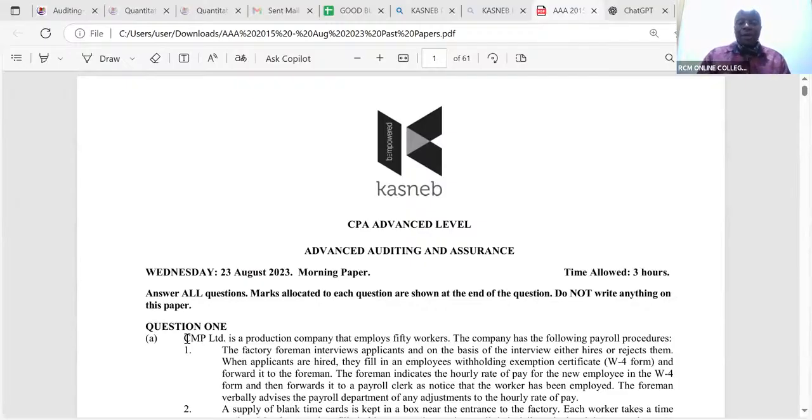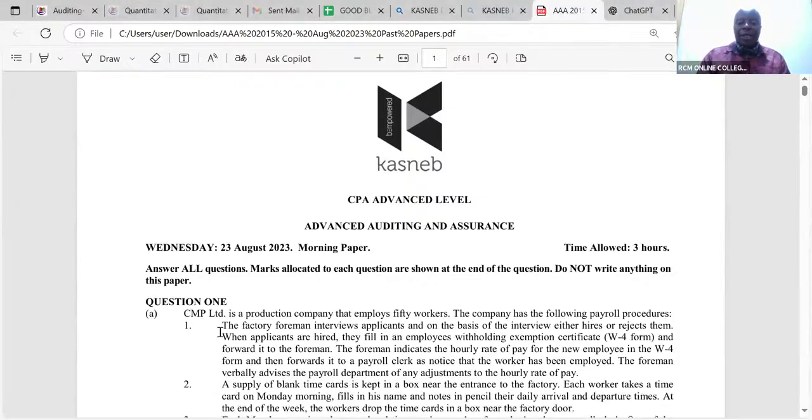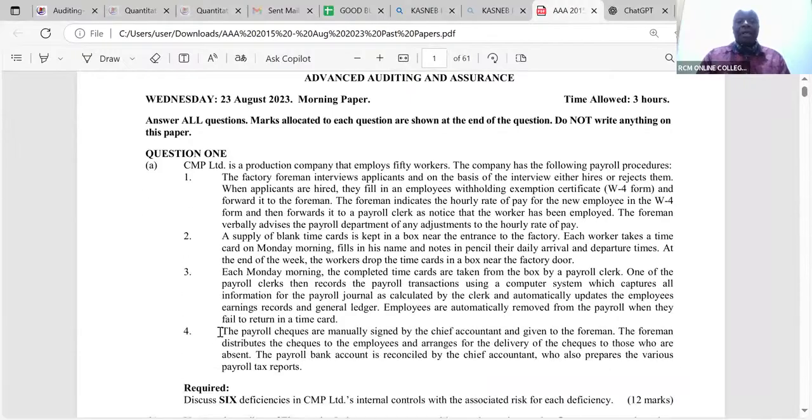As I read the question itself, I'll be able to pinpoint answers as I go down slowly. So we are told, my good students, that CMP is a production company that employs 50 workers. This is not that small. This is a big company. The company has the following payroll procedures.